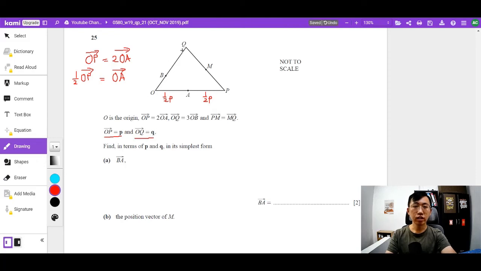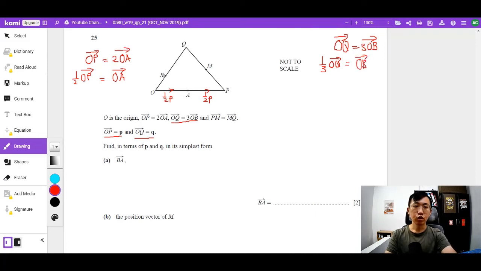So this whole thing is going to be Q. So let's write it over here. What is this? OQ is equals to 3OB. So I just write here first. So I want to find out OB, right? You bring 3 towards the other side, you will get 1 over 3 of OQ is the same as your OB.